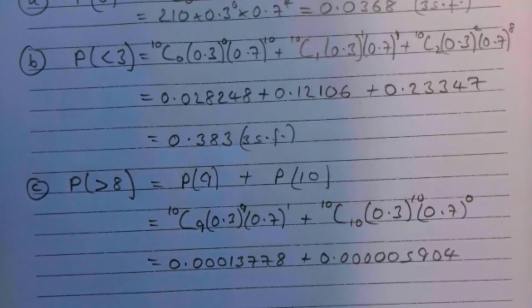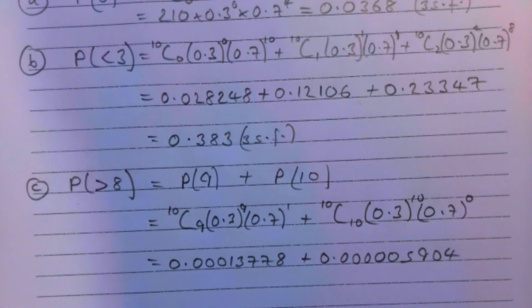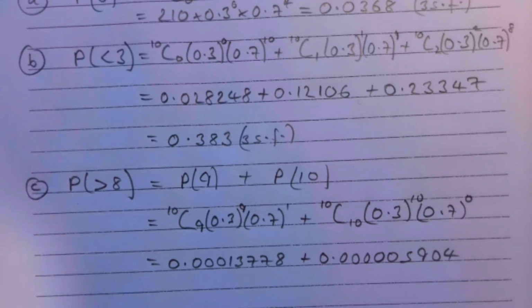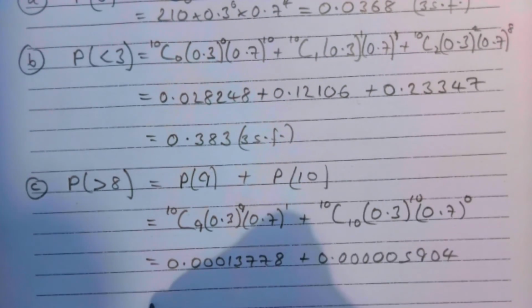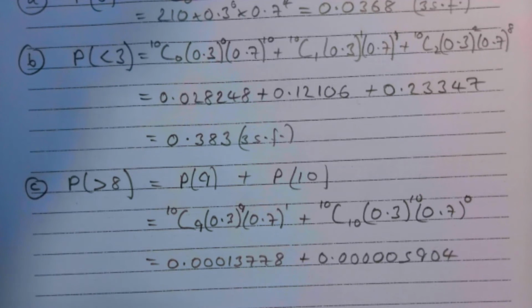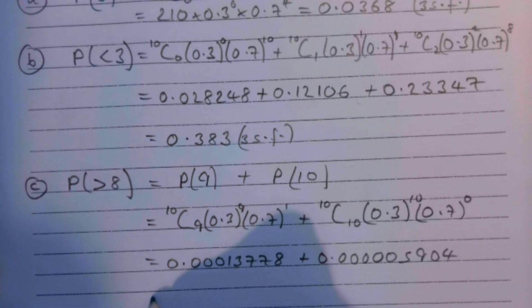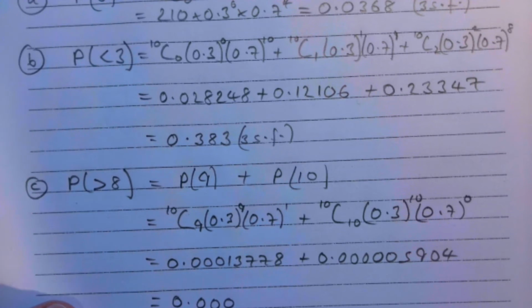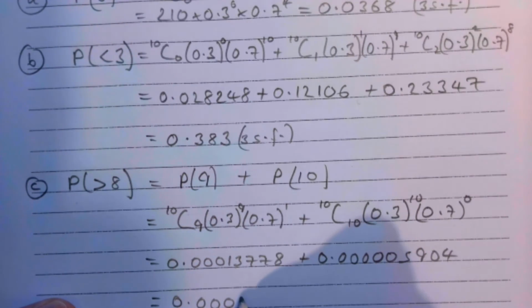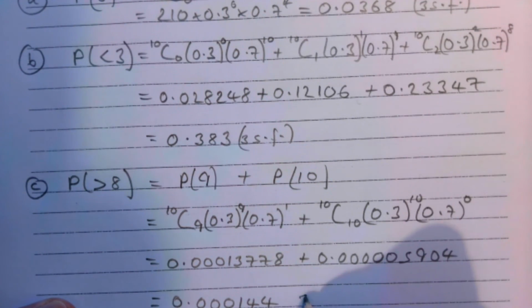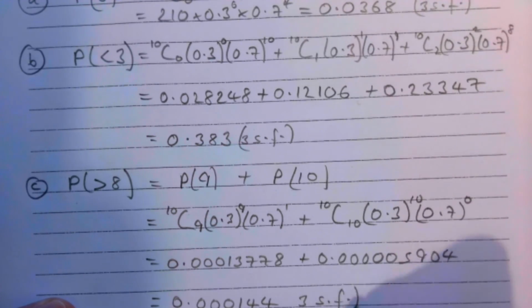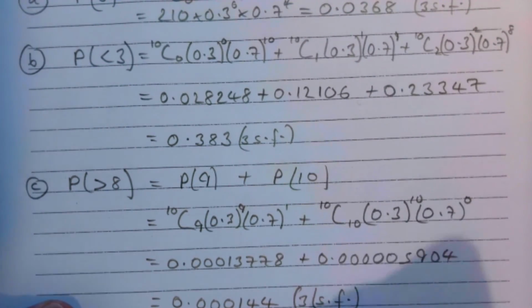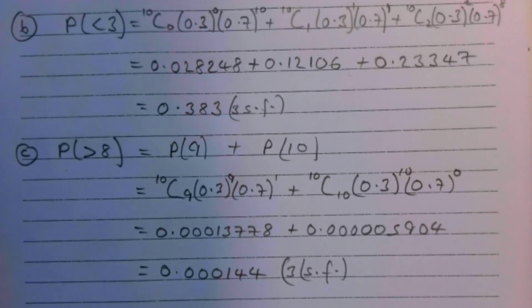Much handier if you can actually store the values in your calculator, and that'll make a bit of difference. That'll give us 0.0000144. Again, that's our answer to 3 significant figures.